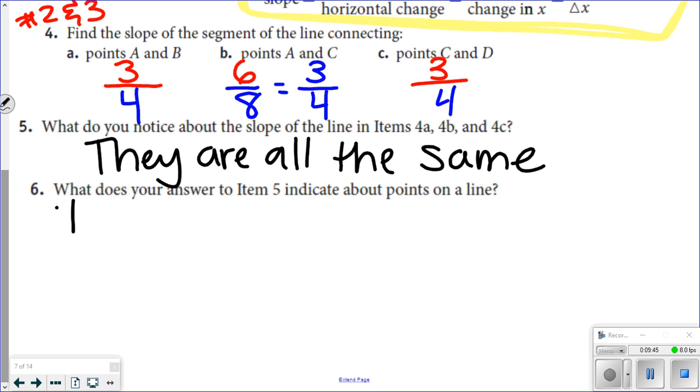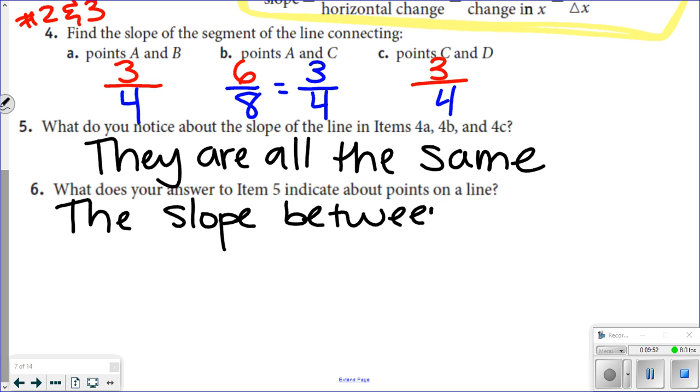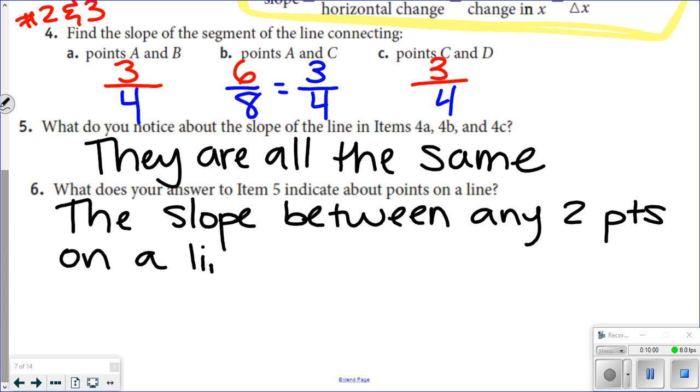It means that the slope between any 2 points is always the same.